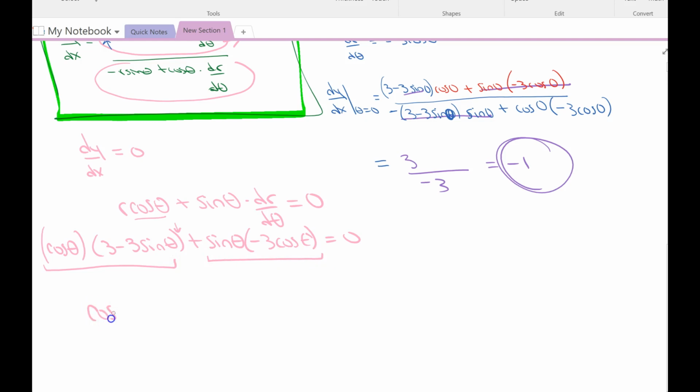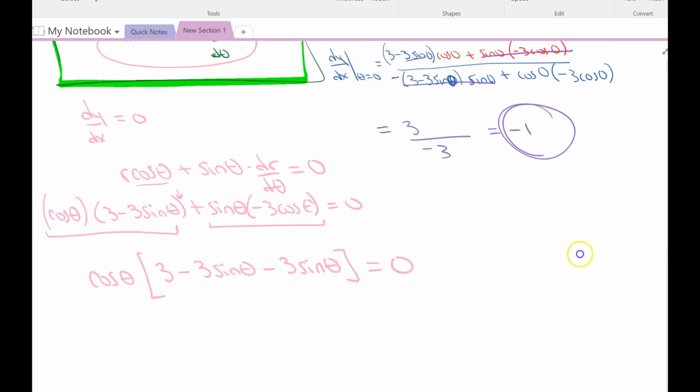When I factor out cosine theta, what I'm left with is 3 minus 3 sine theta minus 3 sine theta equals 0. Is that right? Let me check my algebra.